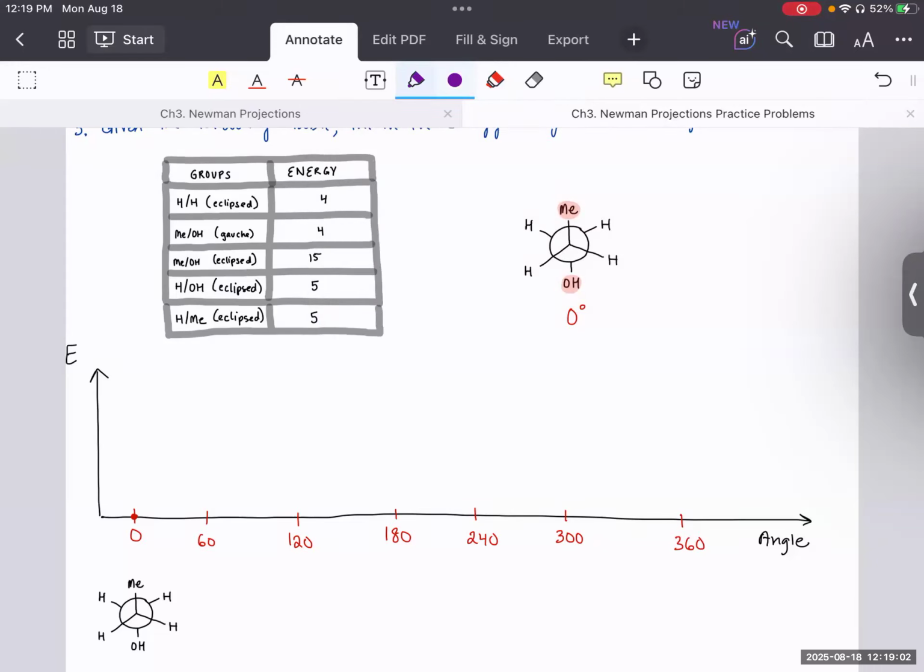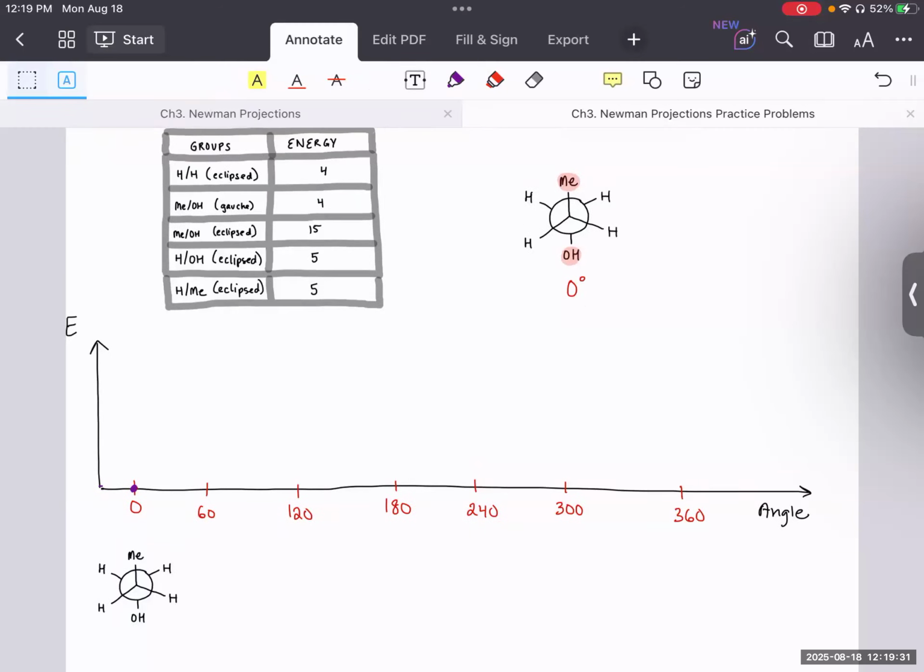So in this structure, we don't have any eclipsed conformations, and then that methyl and OH are not gauche to each other. They're currently on opposite sides. So we can assume that this energy state is at 0. And so we'll put a purple dot right here to represent minimal energy at 0.